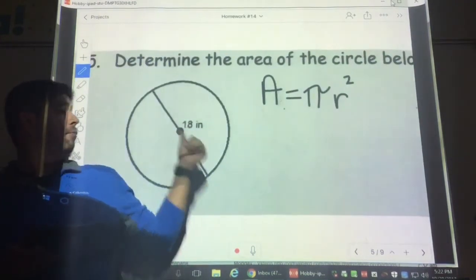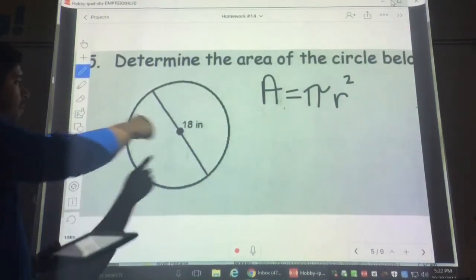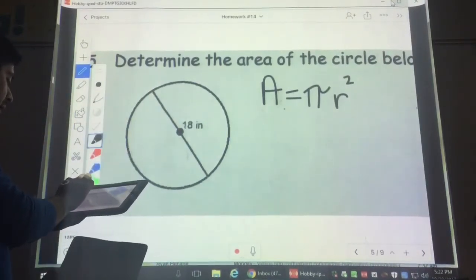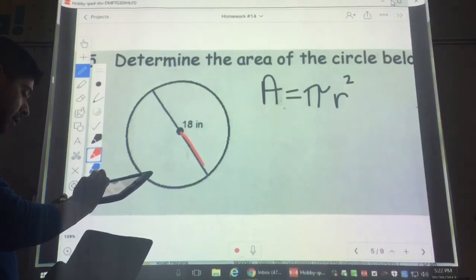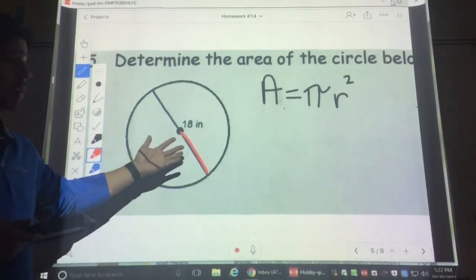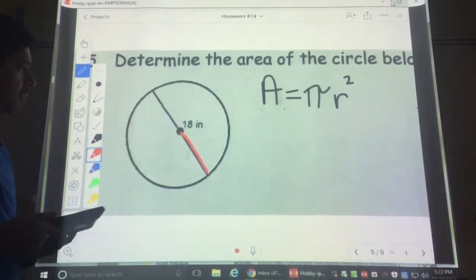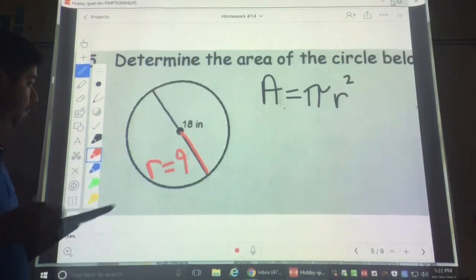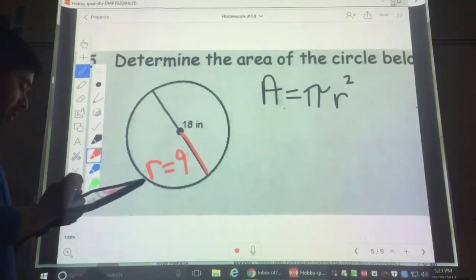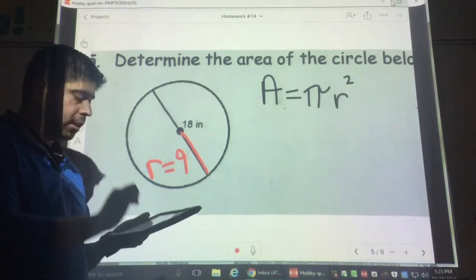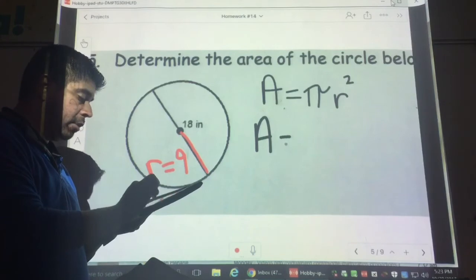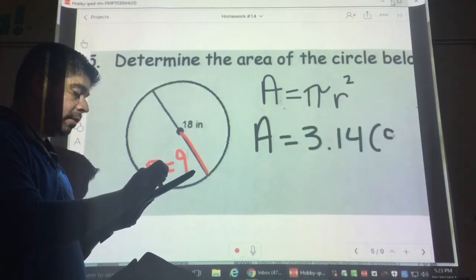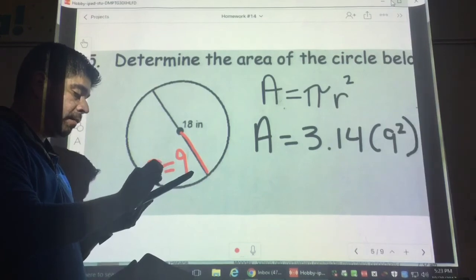So, like I said, I need the radius, so I only need half of this line. This whole line is 18. I only need half of it, which I did in red right there. So half of 18, you just divide it by 2. The radius is 9. So now that I have that, all I do is just plug it in. So area equals 3.14 times 9 squared.